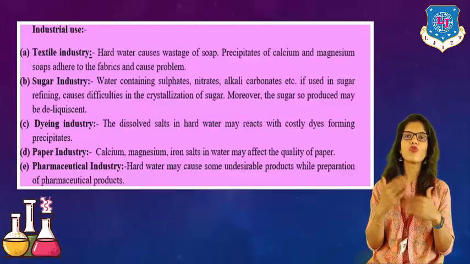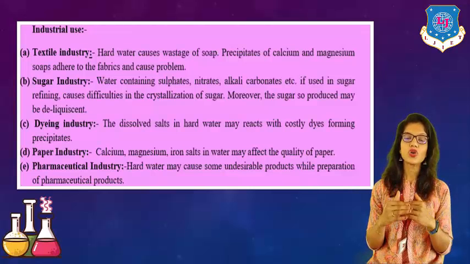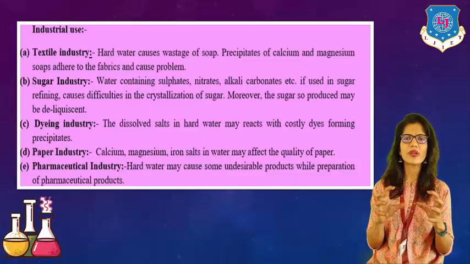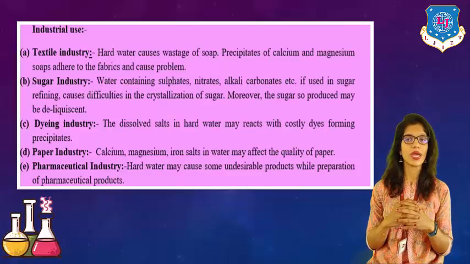Now let's move further, to the sugar industry. When we use water which contains sulfides and nitrates, it causes difficulty in the crystallization of sugar. So the sugar has a different color. It is deliquescent. Okay, it's not transparent.